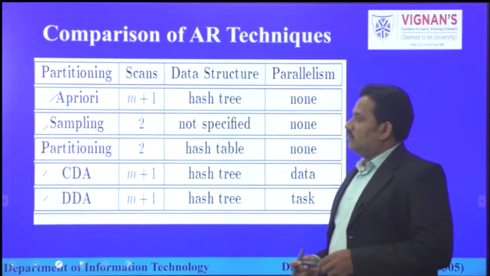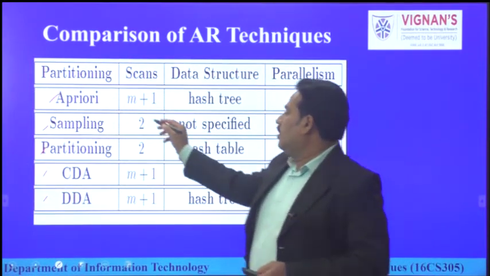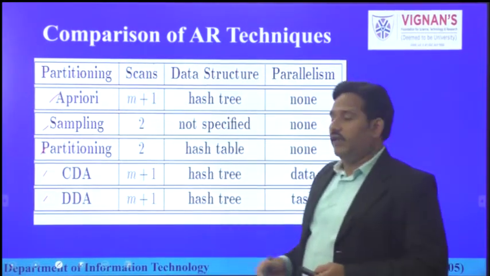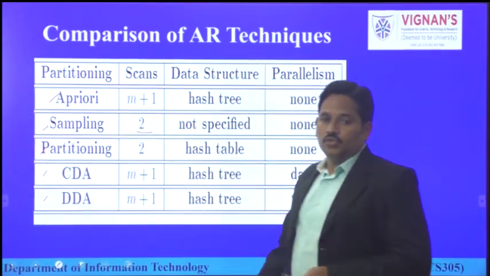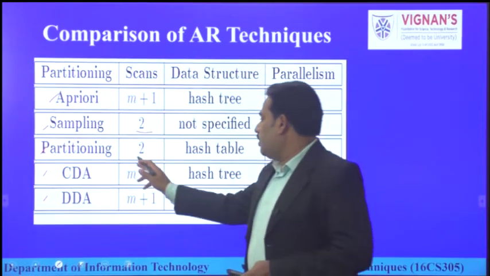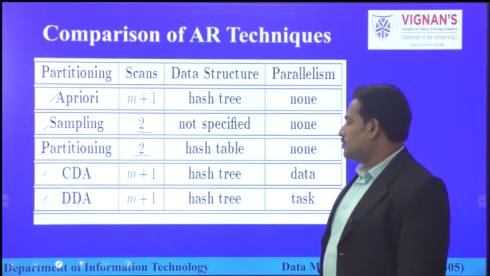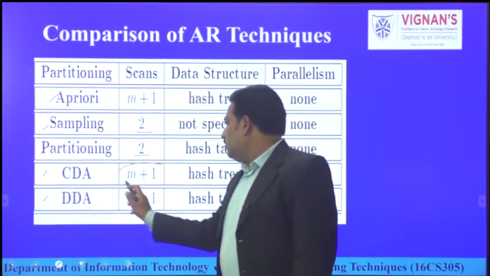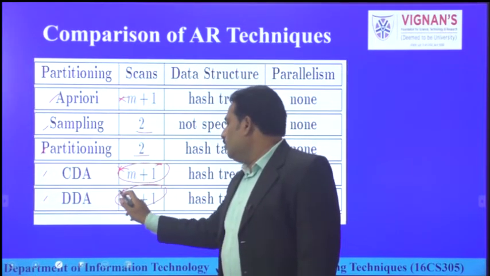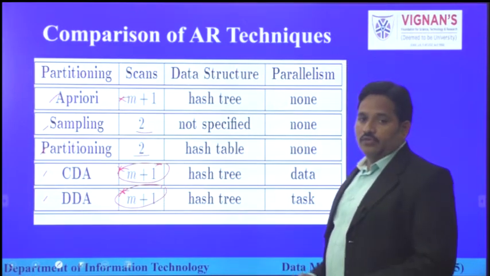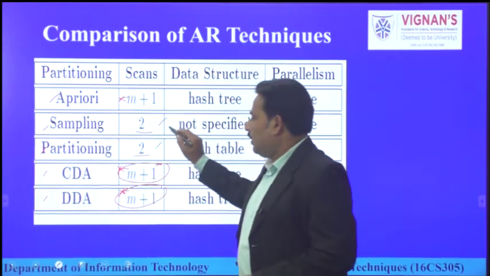In a priori, the required number of database scans is m plus 1, where m is the number of elements. With sampling, we require a maximum of 2 database scans. With partitioning, also a maximum of 2 database scans. CDA and DDA are almost equivalent to a priori because we repeat the a priori algorithm more times. When we want to reduce main memory related operations, we can prefer sampling and partitioning.